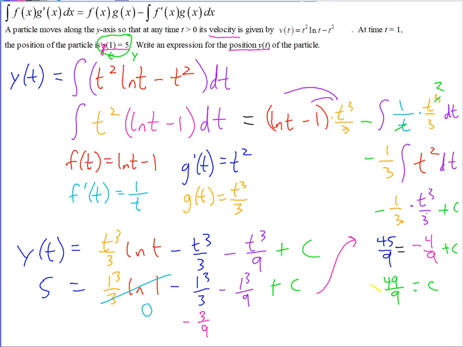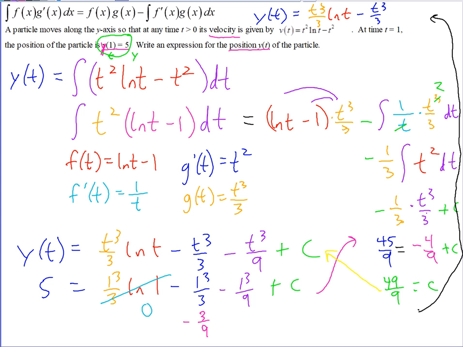And now we can substitute that right in here for c. So our final answer, I'll just write it up here, a little more room here, is y of t equals t cubed over 3 natural log of t minus t cubed over 3 minus t cubed over 9, and we just figured out c is a positive 49 over 9.